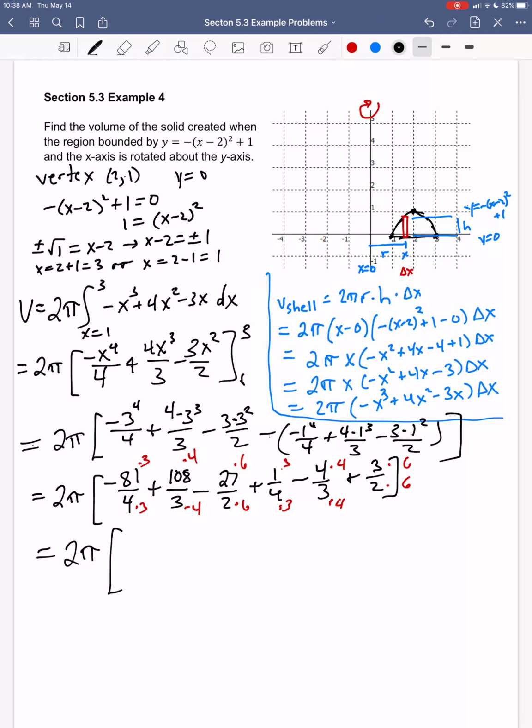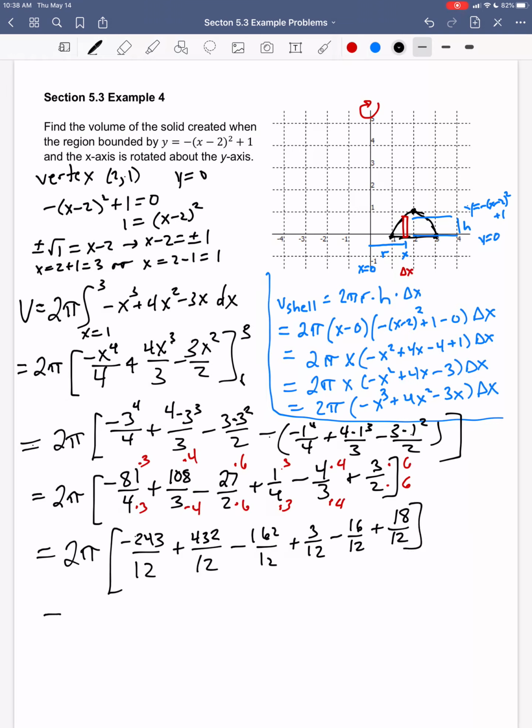So negative 243 over 12 plus 432 over 12 minus 162 over 12 plus 3 over 12 minus 16 over 12 plus 18 over 12.